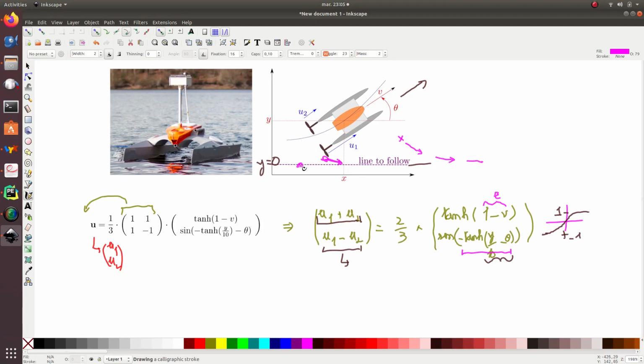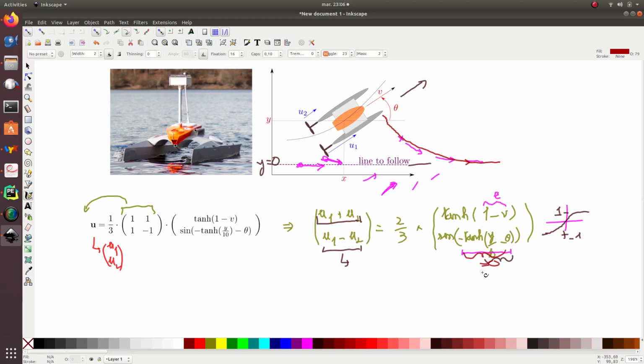If I am on the line, I will go straight, if this is equal to 0. And if I am below the line, then the heading to follow will be like this. So what will happen is that my boat will try to follow some trajectory like this and will converge to the line to follow. As soon as this is equal to 0, it is the behavior that is expected.